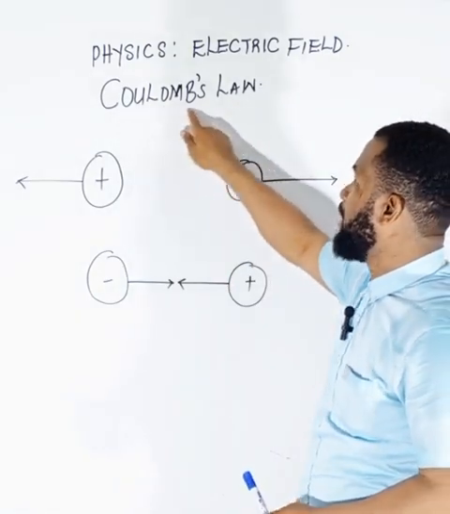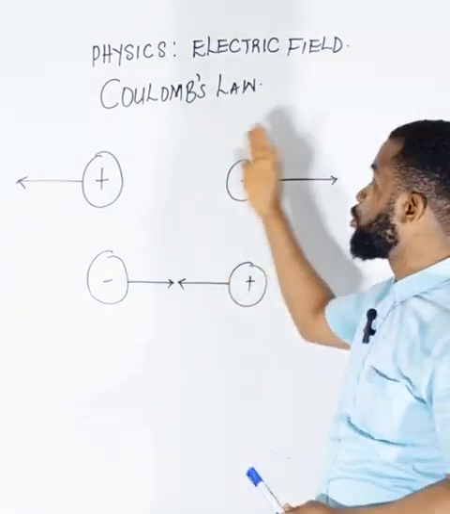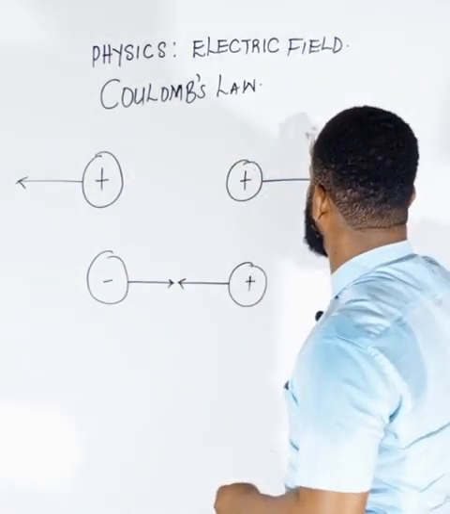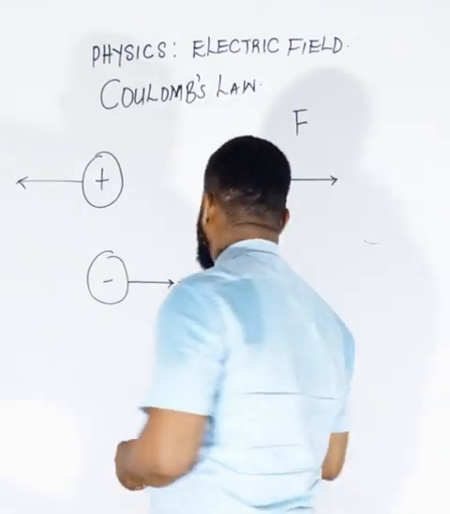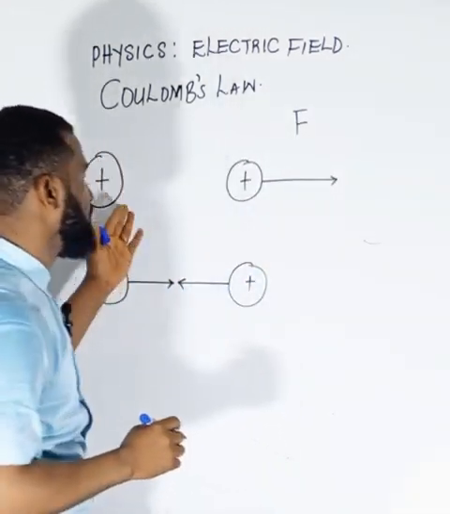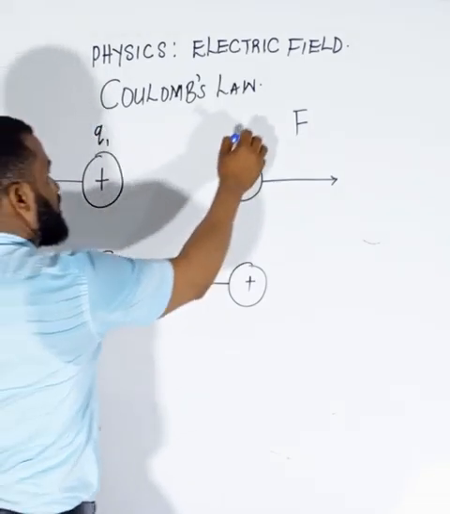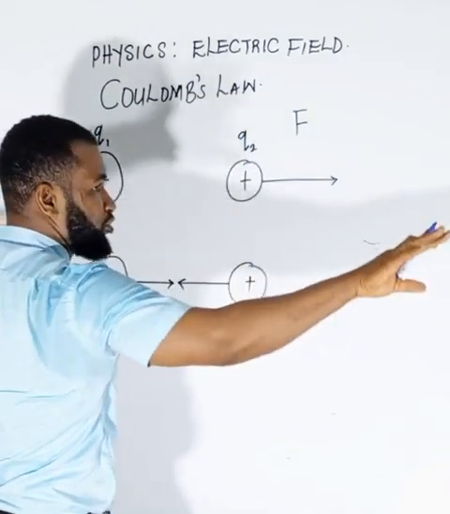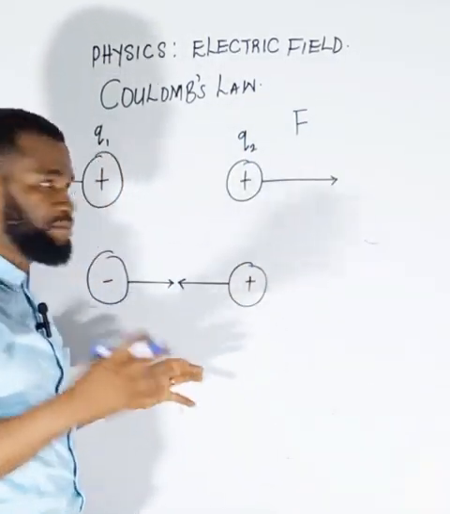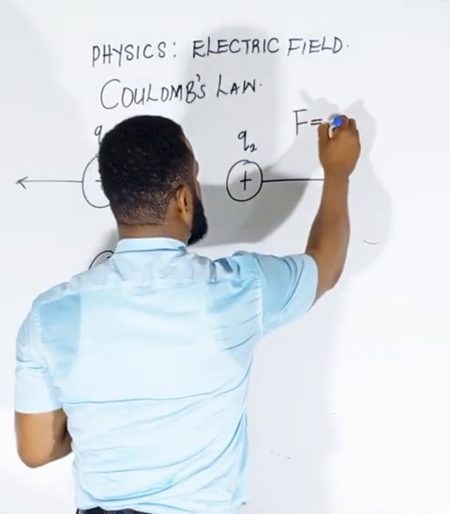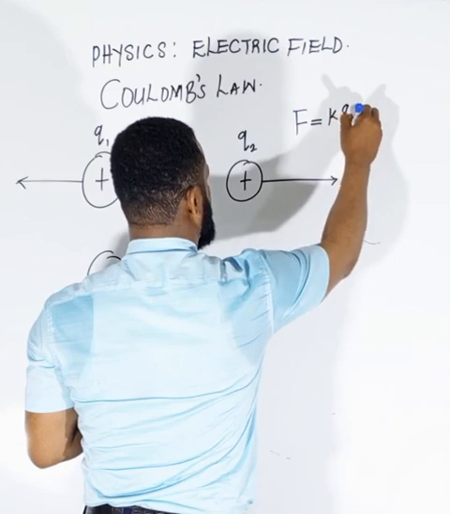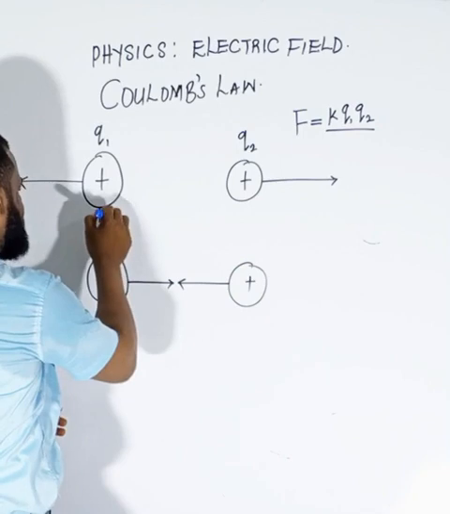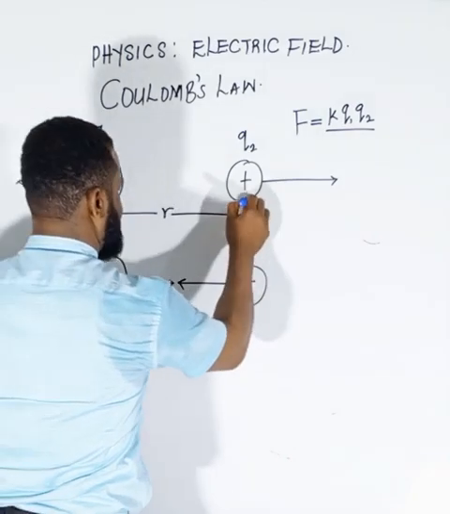According to Coulomb's law, Coulomb says that the force of attraction between two charges, maybe Q1 and Q2, holding these two together, or repulsion, the force of attraction or repulsion between two charges is directly proportional to the product of the charges and inversely proportional to the square of the distance separating them.